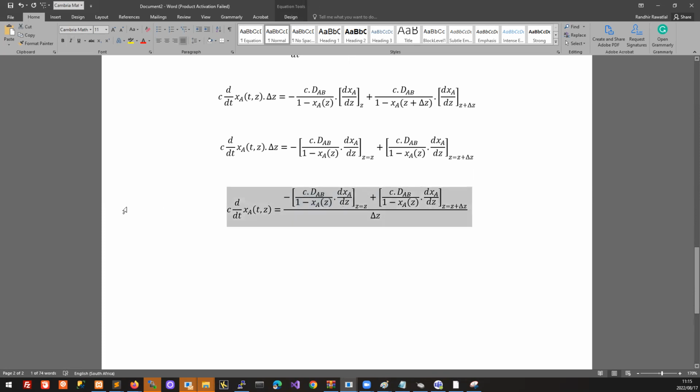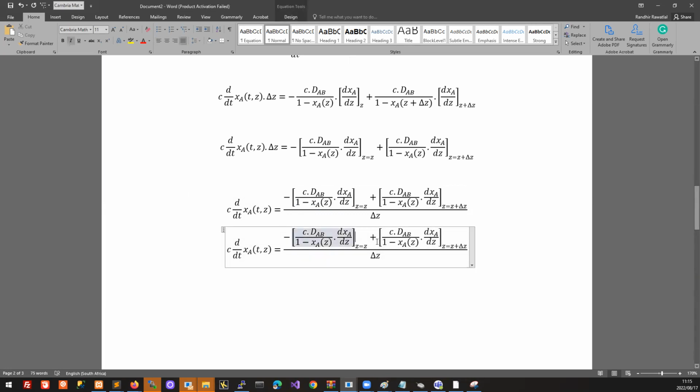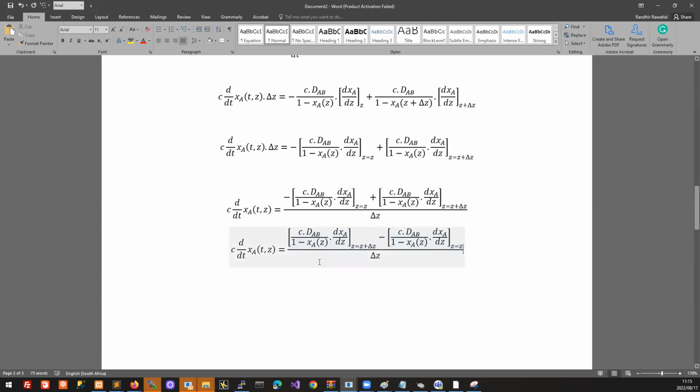Maybe a better way to write it is to shift that term. So all I'm doing is moving this term to the other side here. So it's the exact same thing. I'm just writing it on that side to make it obvious that this is very much a derivative.